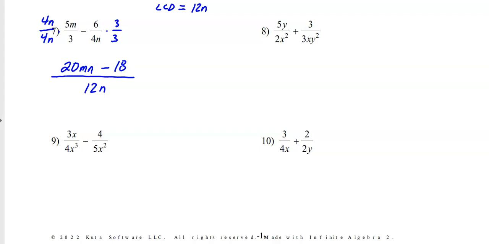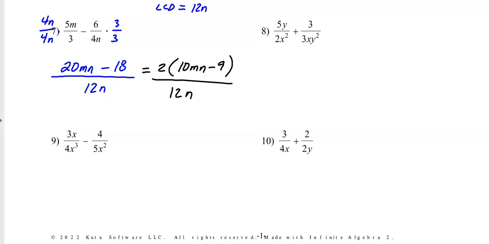And then we should try to see if we can pull something out and get something in here to cancel with each other somewhere. So I think on top I can yank a 2 out of there. So if I factor a 2 out, I get 10mn minus 9. And down here on the bottom, I have my 12n.